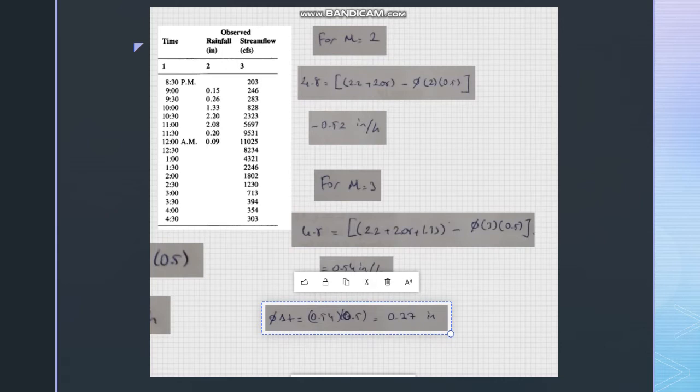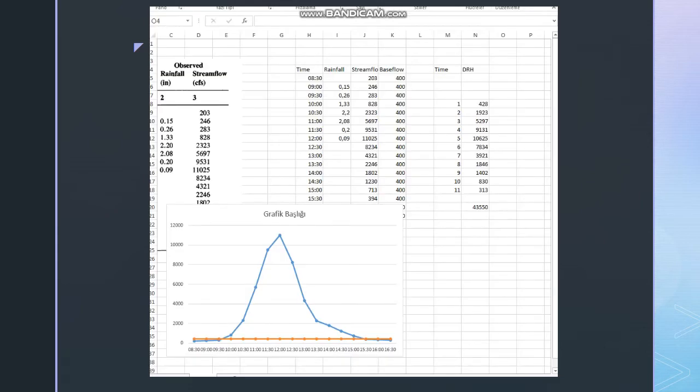Alright, when we have 0.27, we start to do Excel again. Let's go back to Excel. Okay, let's write it here: excess runoff hydrograph. So for the excess runoff hydrograph we have 0.27 phi delta t, right?